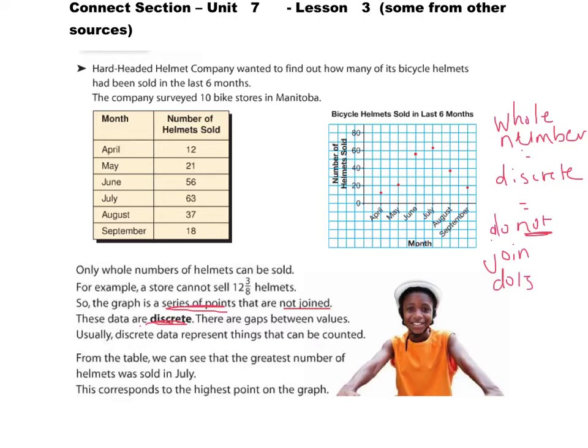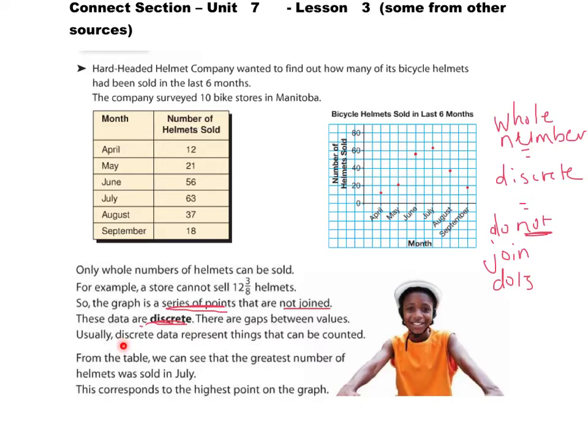Okay. There are actually gaps between these values. So when we jump from April at 12 to May at 21, it's not like that's continuously rising. That is a jump up to 21.